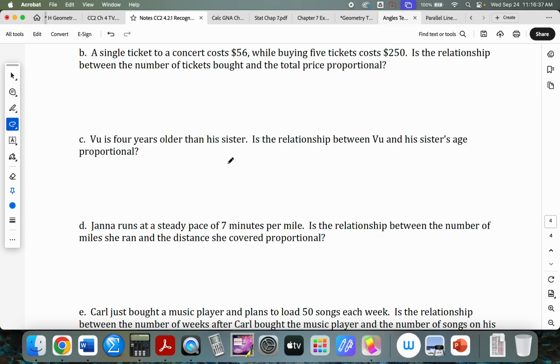Yes, sir. 250 divided by 5 is only 50, right? Or do it the other way around, 56 times 5 is not 250. So if he buys 5 times as many tickets, if it's proportional, it should cost him 5 times as much. So this is not proportional.